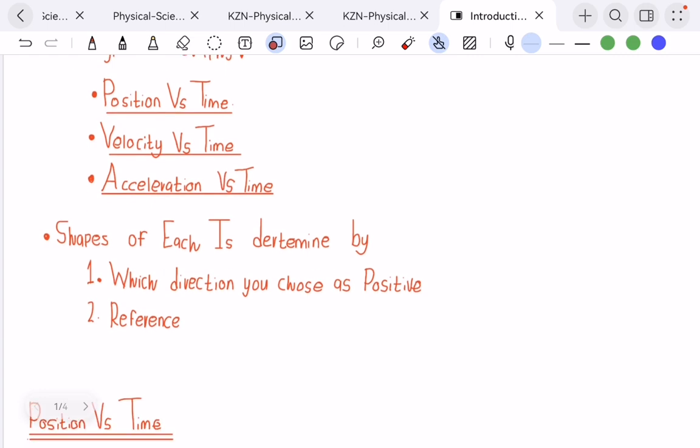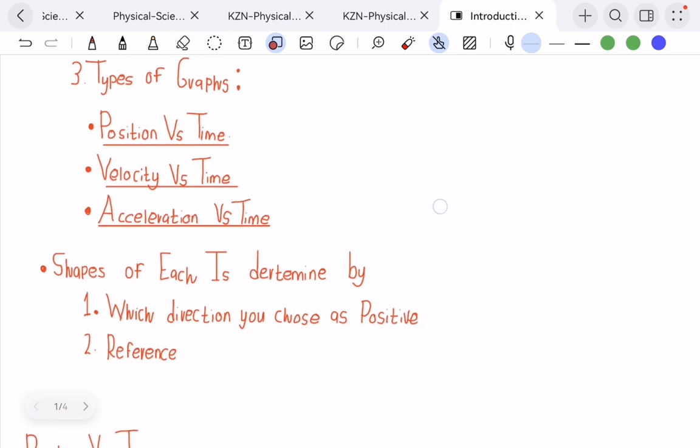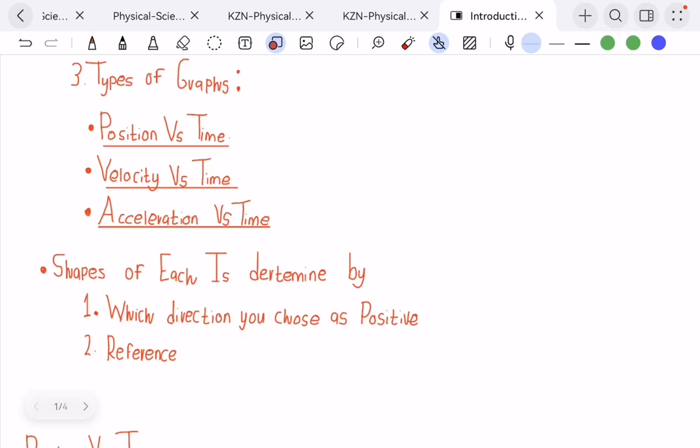One thing that you have to note about these three graphs, the position versus time graph, the velocity versus time graph, and the acceleration versus time graph, is that the shape of these graphs is really determined by the direction that you choose as positive.